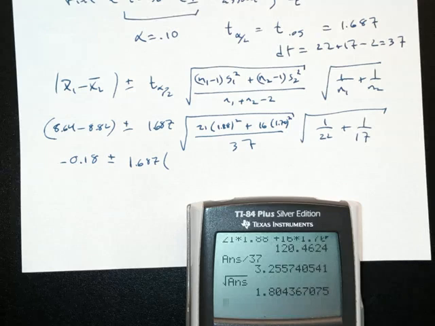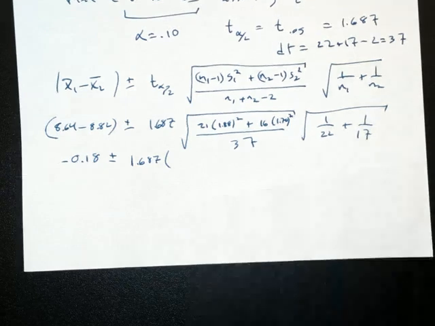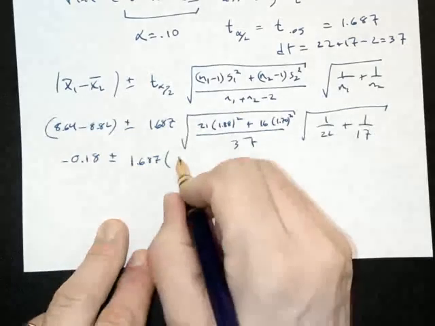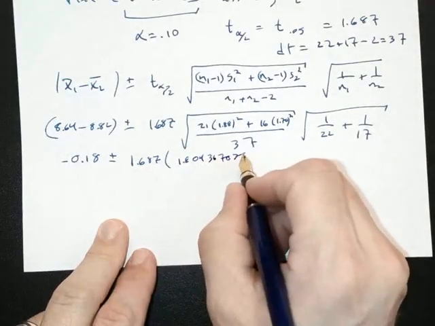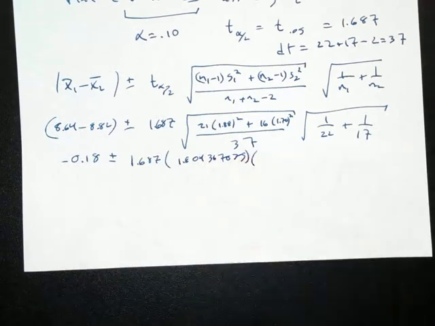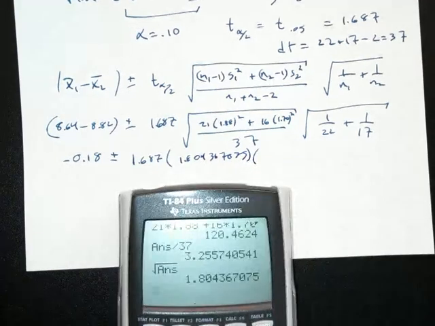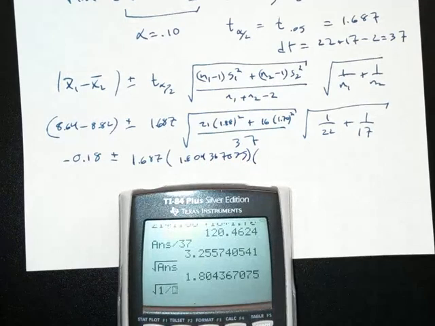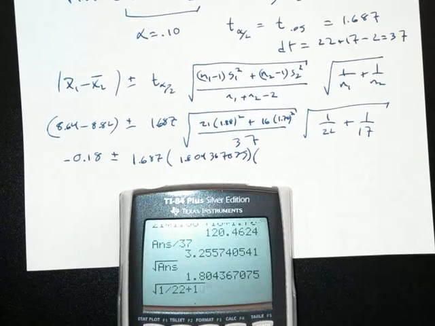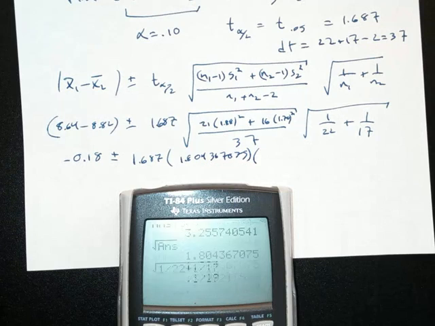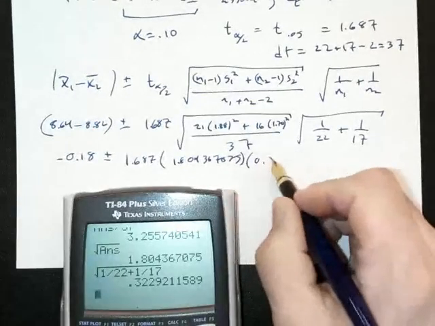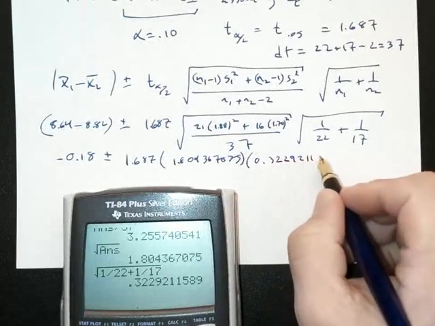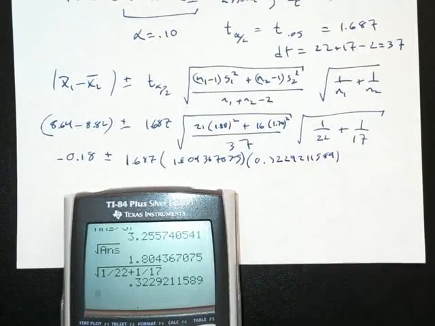I'm going to write down all the decimals until the very end. I'll round off at the end here. 1.804367075 times, now I've got to do that square root. Square root of 1 over 22 plus 1 over 17, 0.322921158.